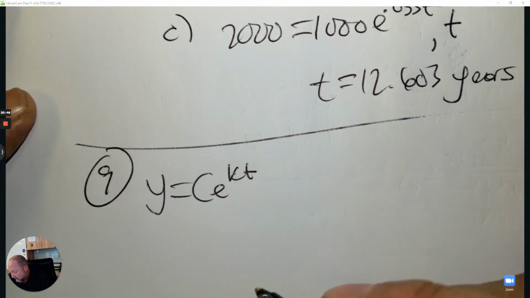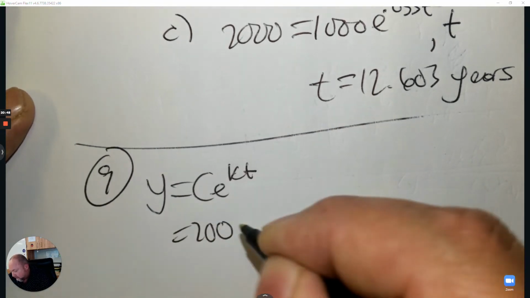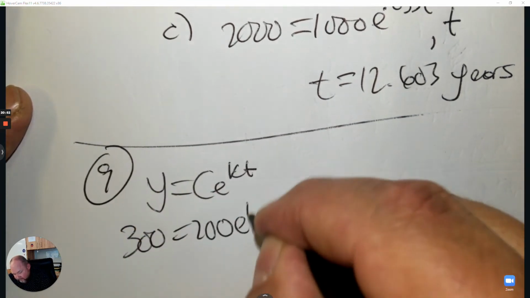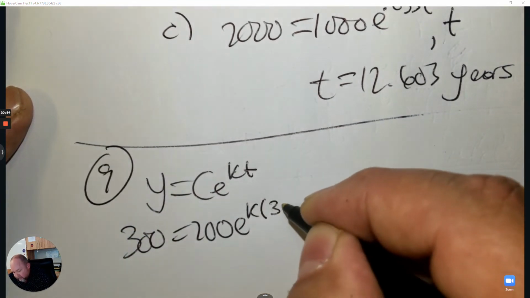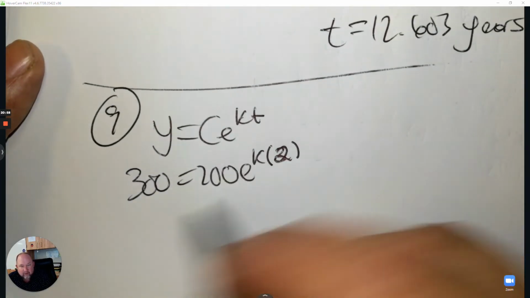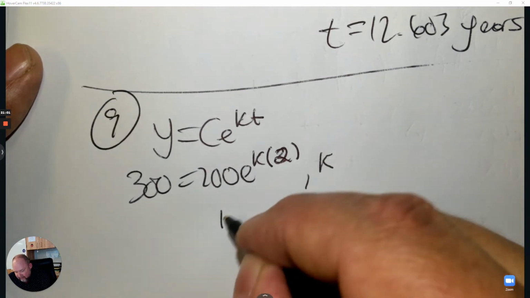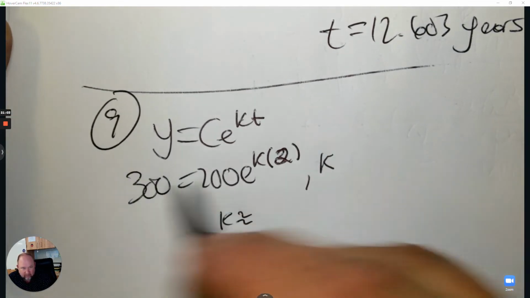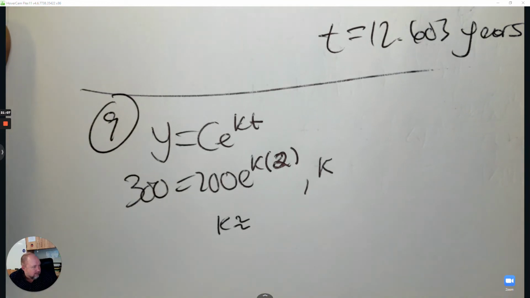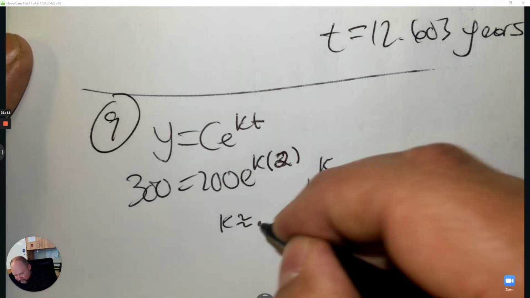So we started with 200. 2 days later, it's now 300. So that's a 2, right? All right, solve this, go comma k with your calculator and find the rate. You get about 0.2027.